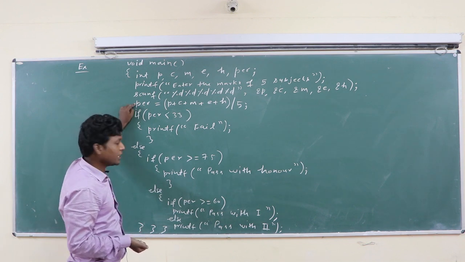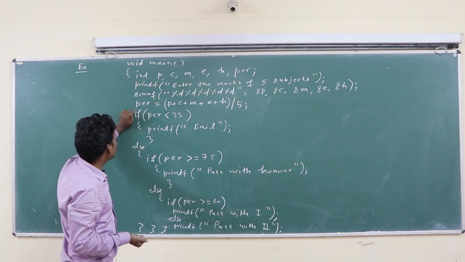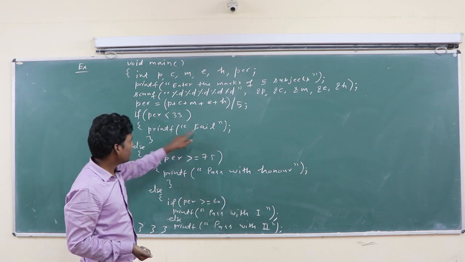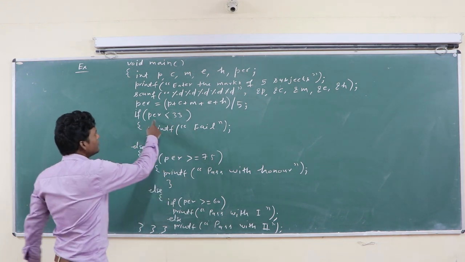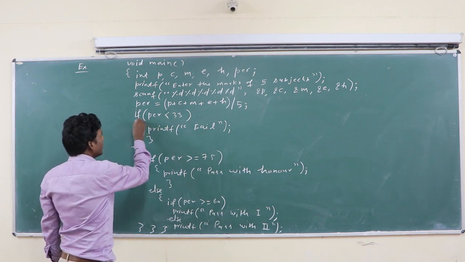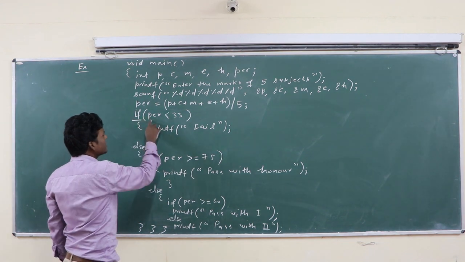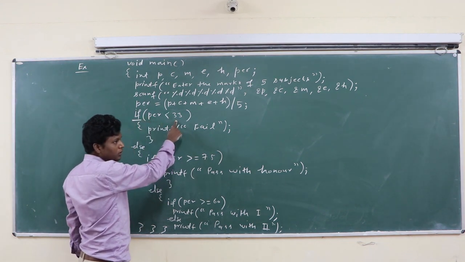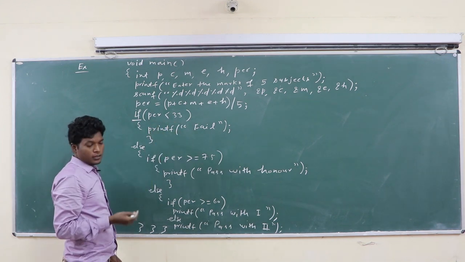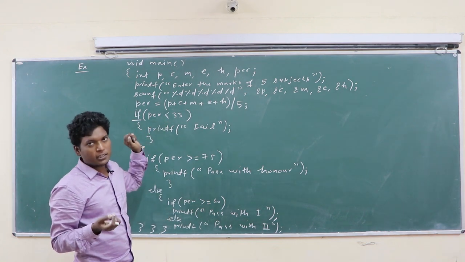Now we are going to check whether the student has passed or failed. If percentage is less than 33, printf fail. If percentage is less than 33, the student has failed. If this condition is not true, it means the student secured more than 33%.